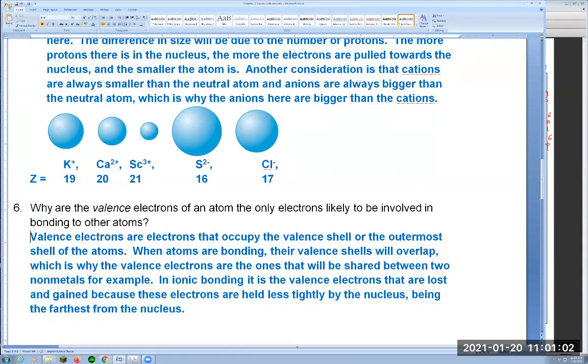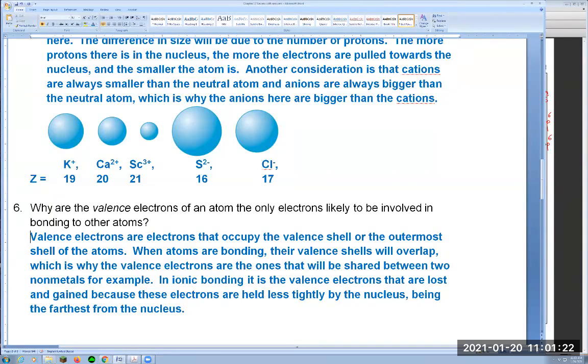And because it's only the outermost shell that overlaps, that's why it's the valence electrons that are shared between the two nonmetals. In ionic bonding, it is also the valence electrons that are lost or gained, because those are the ones that are the most accessible.